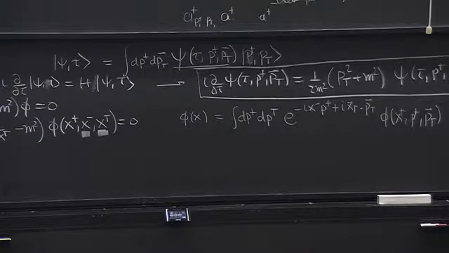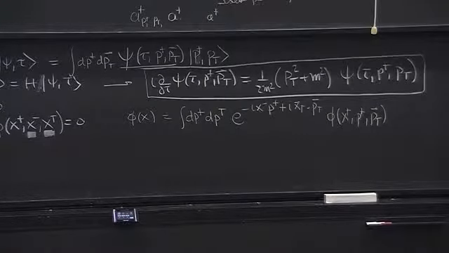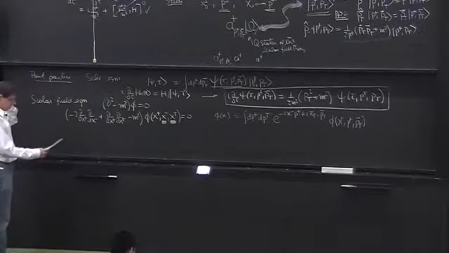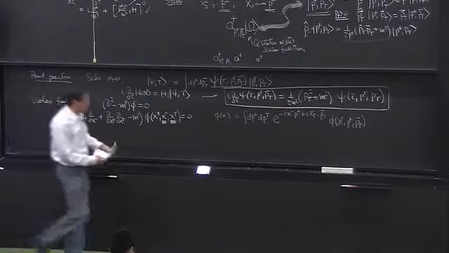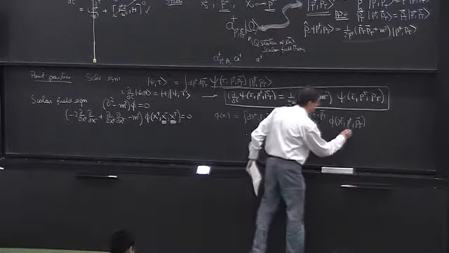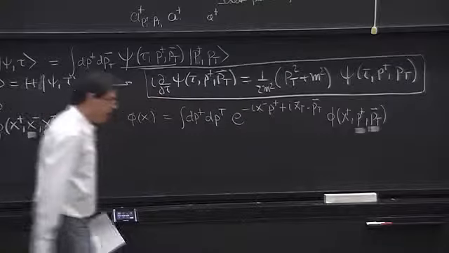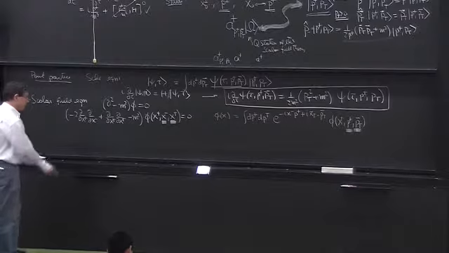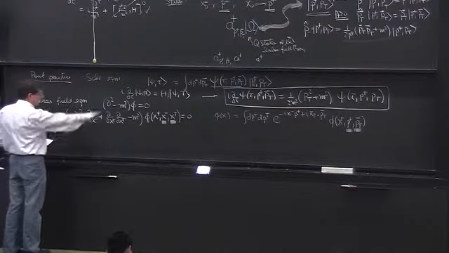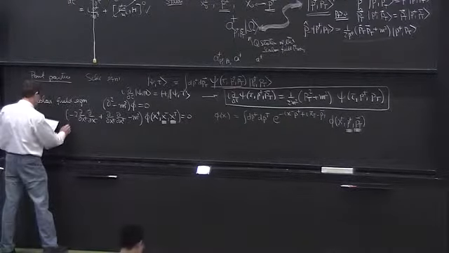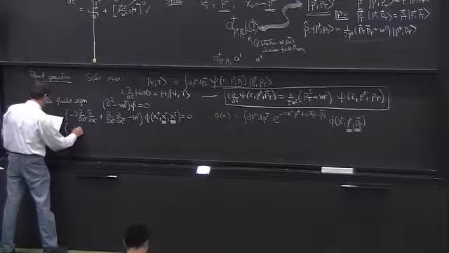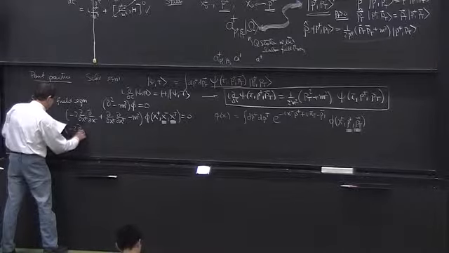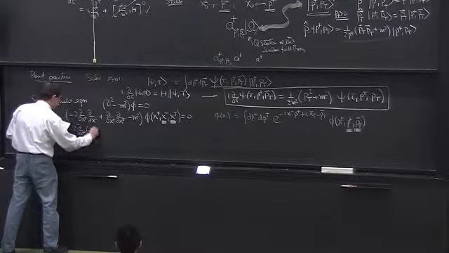And now I substitute here to get this equation in momentum space. Sorry if it's going a little fast with the calculations, but they're not difficult. You just differentiate and you see this. So what do you get? Minus 2 d/dx plus times minus i p plus.